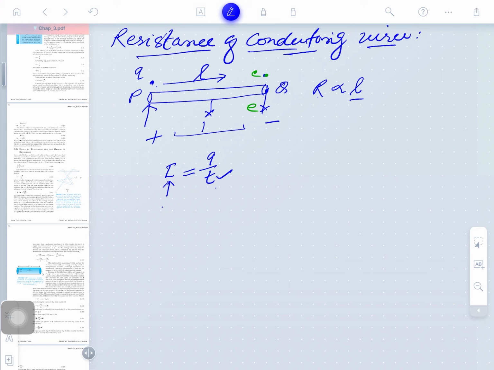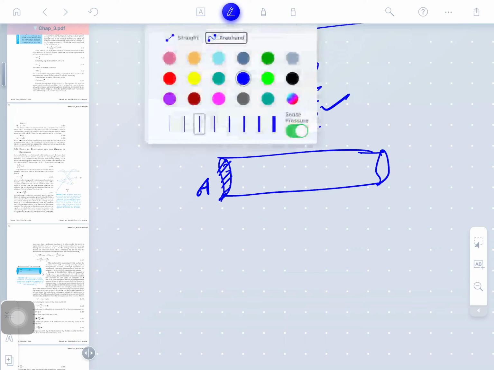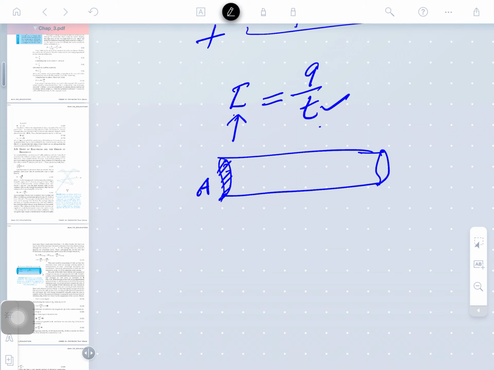On the other hand, there is another way. You may see the cross section area of the conductor from the right side. Suppose there are charge particles, and they are moving in the rightward direction.